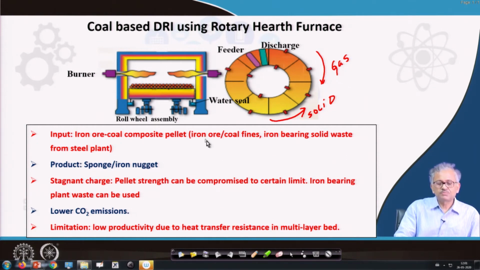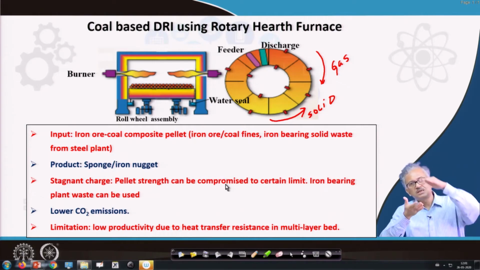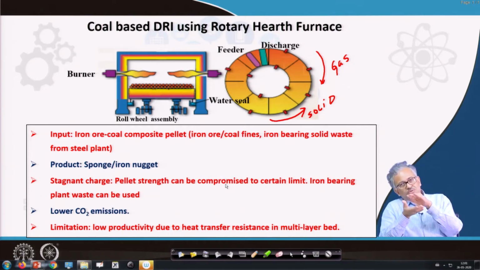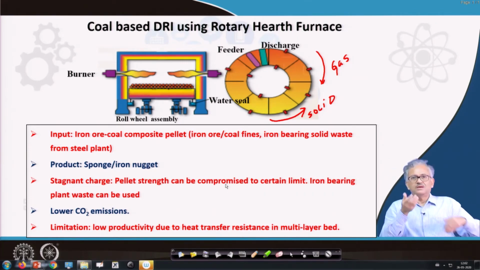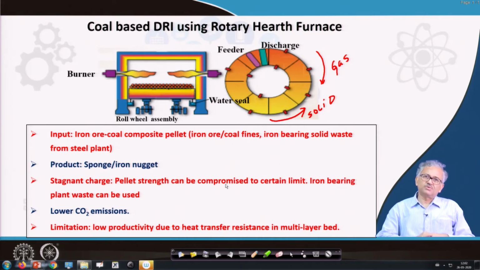And a limitation of the process is that, as I said, it is a cold composite pellet, so the reactant is inside, but since heat is coming from the furnace to the bed, heat transfer by conduction over a thick bed is not possible. If the pellet bed thickness is very high, with a number of layers, then the heat cannot penetrate across the bed to the lower part of the bed.